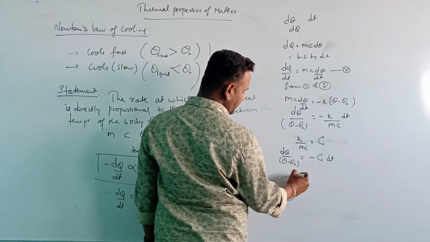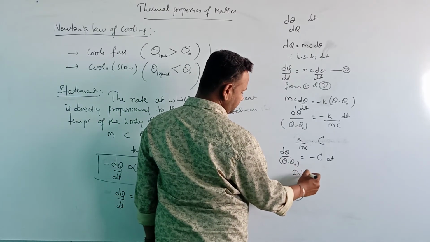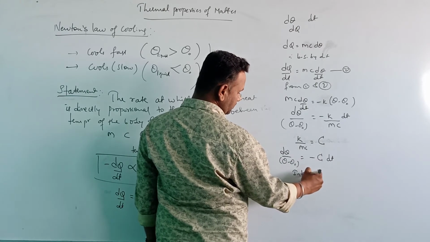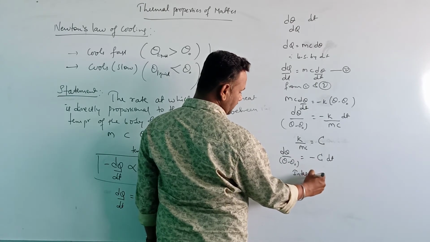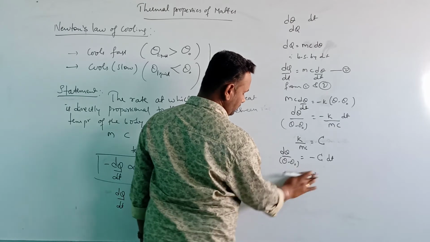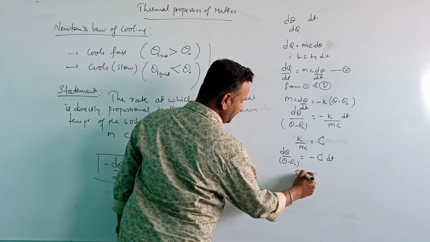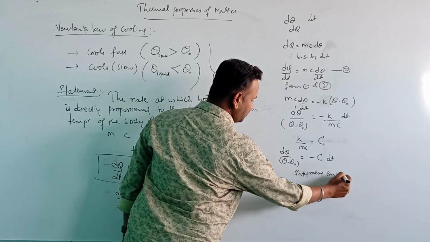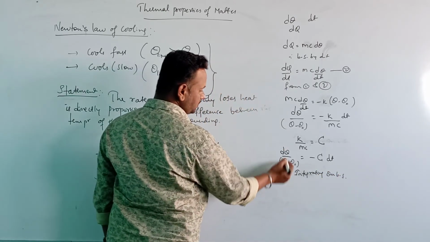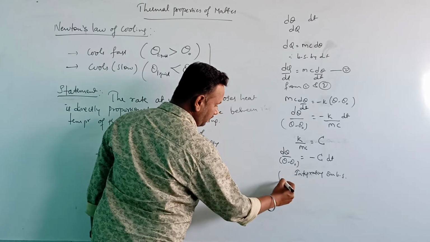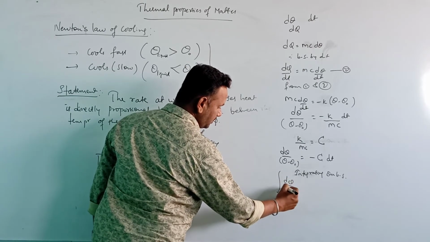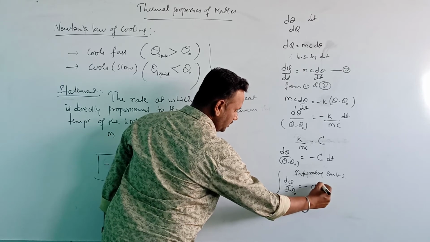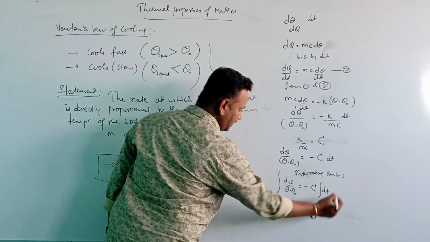Integrating on both sides, the integral of d theta by theta minus theta naught is equal to minus C times the integral of dt.